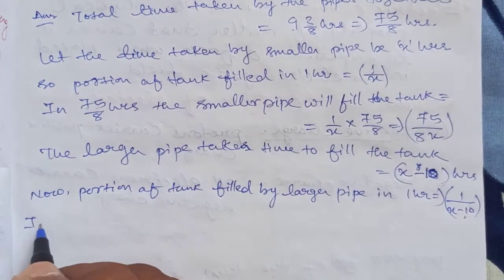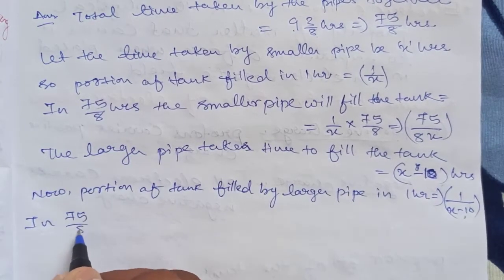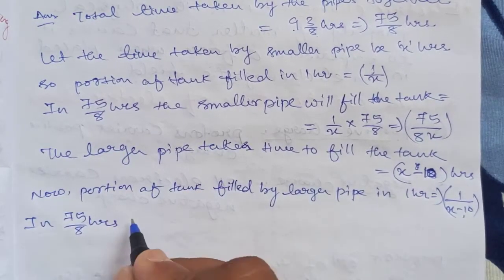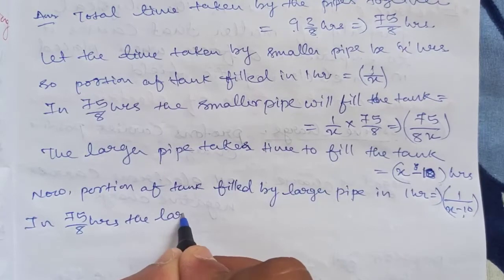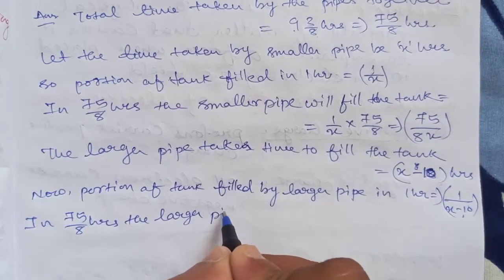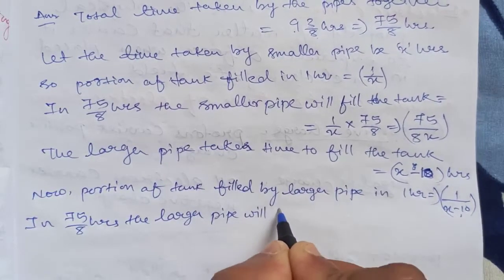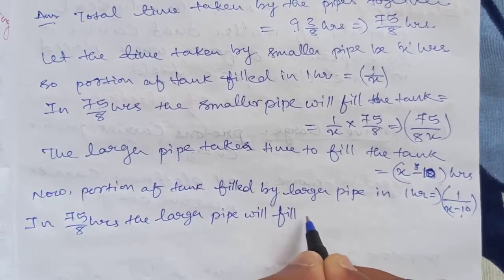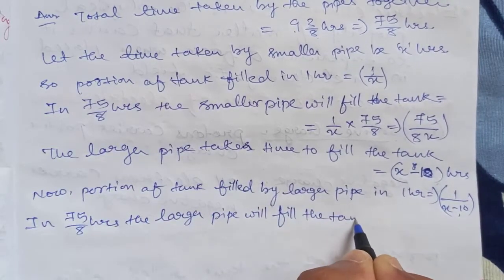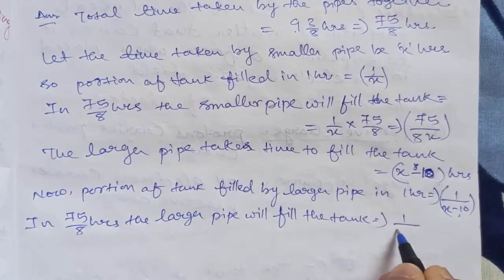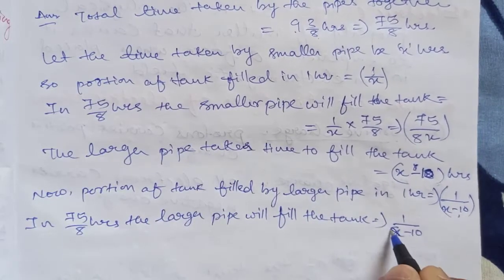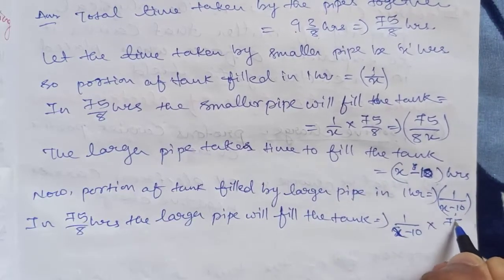Okay, so in 75 by 8 hours, the larger pipe will fill 1 by x minus 10 into 75 by 8.